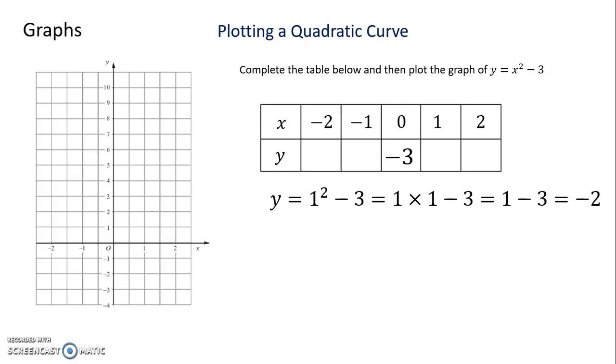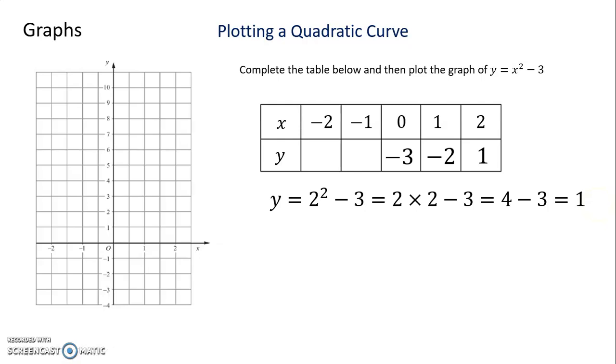Next, when x is 1, I'm going to have 1 squared, subtract 3. 1 times 1, subtract 3, which is 1, subtract 3, and so negative 2. And then when x is 2, 2 squared is 4, subtract 3, and that gives me 1.